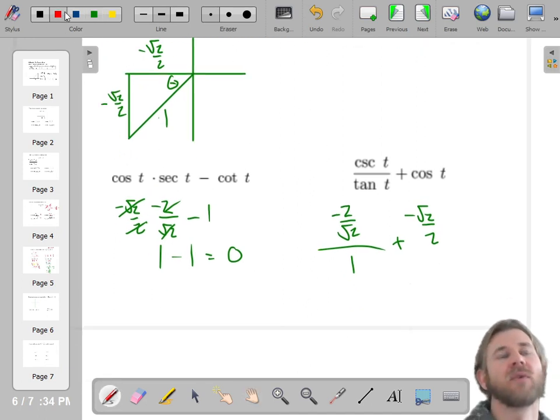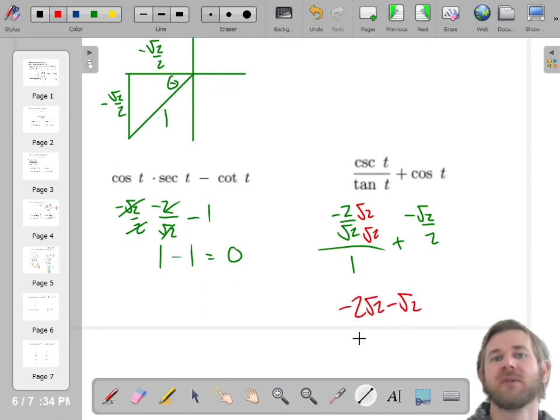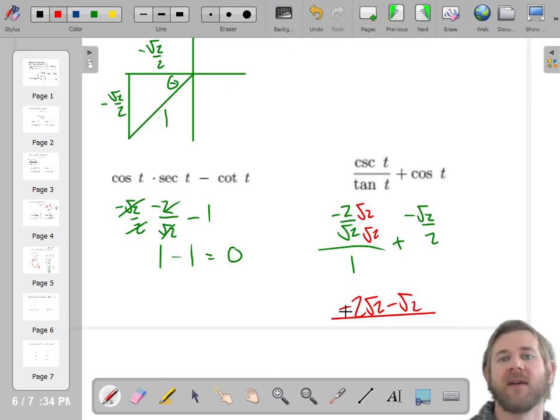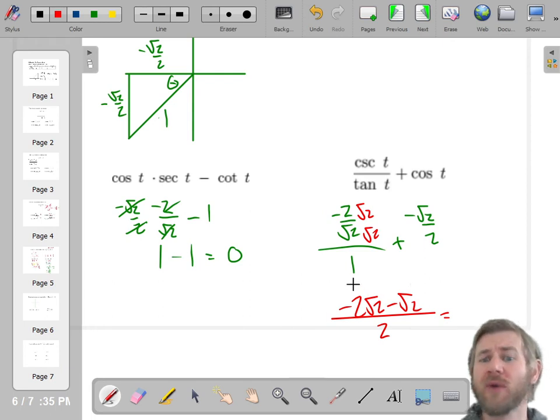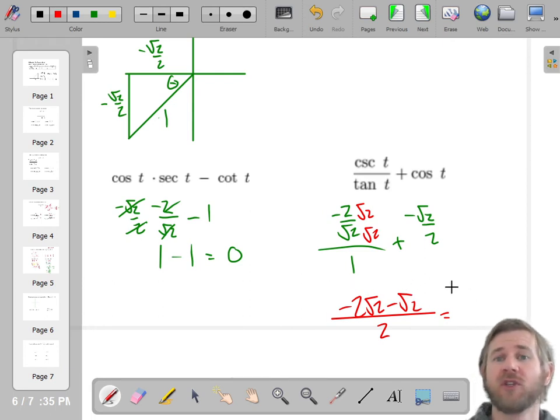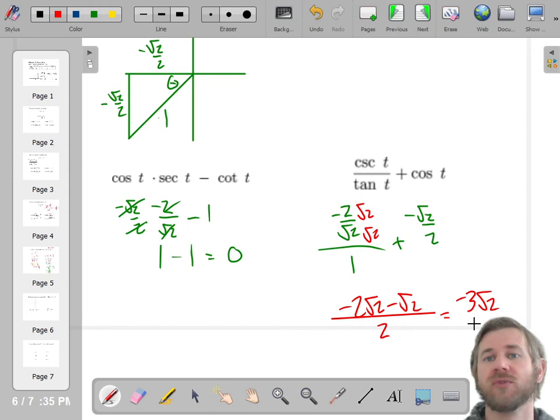I'm going to have to rationalize this to make a common denominator. So negative 2 radical 2 minus radical 2 over 2, and that's 2. So I have a common denominator of 2. You have negative 2 radical 2's, and you take away one more radical 2, you have negative 3 radical 2's. Still over 2. So that's your answer.